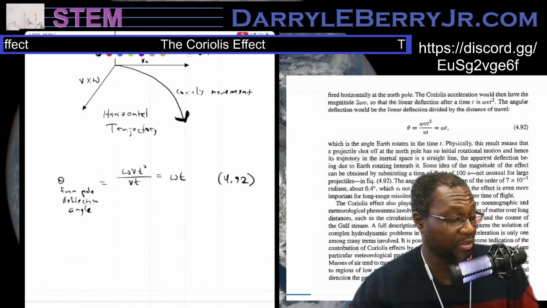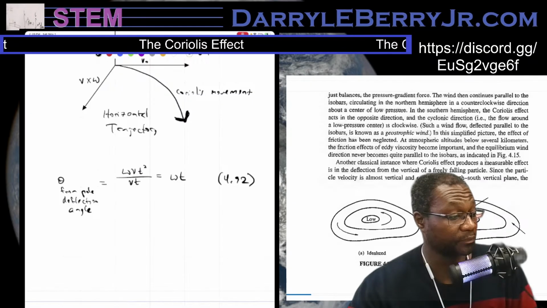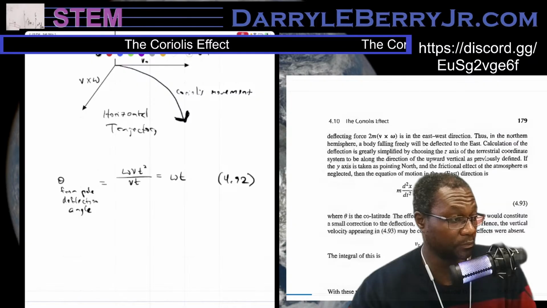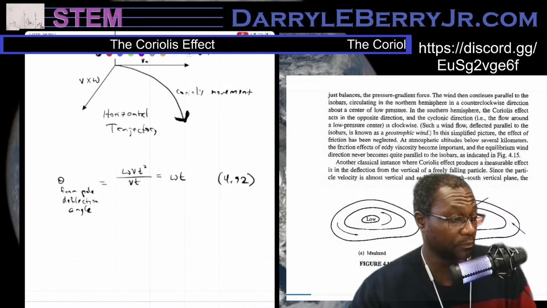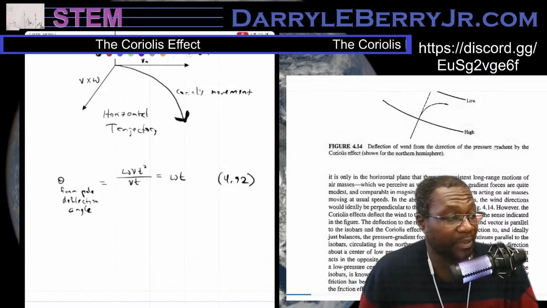In the vertical direction, the pressure gradient is roughly balanced by gravitational forces, so that it is only the horizontal plane.